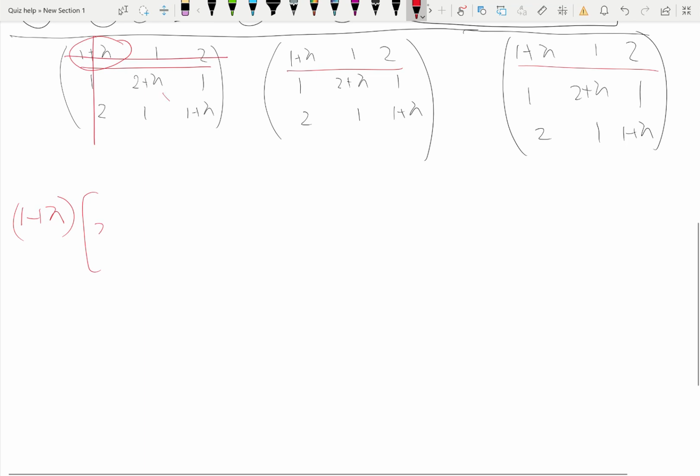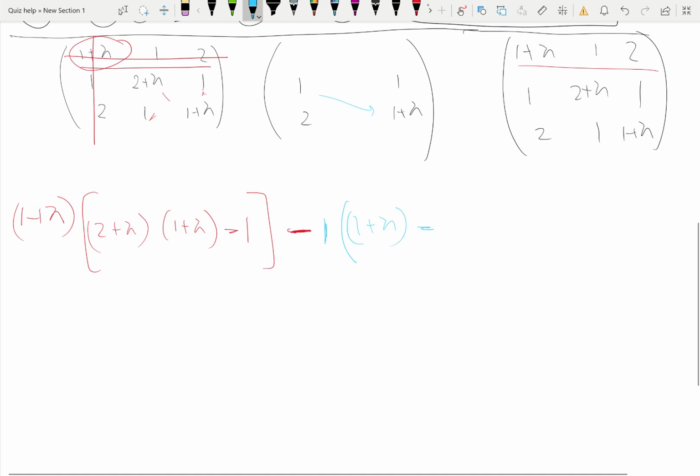So here 2 plus lambda times 1 plus lambda minus 1 plus 1 is 1. 1 times 1 is 1, not plus. By default negative here. Now go to the second element. Delete this column, delete this row. 1 times second element is 1. Now if you delete, what you get is 1 times 1 plus lambda is 1 plus lambda.